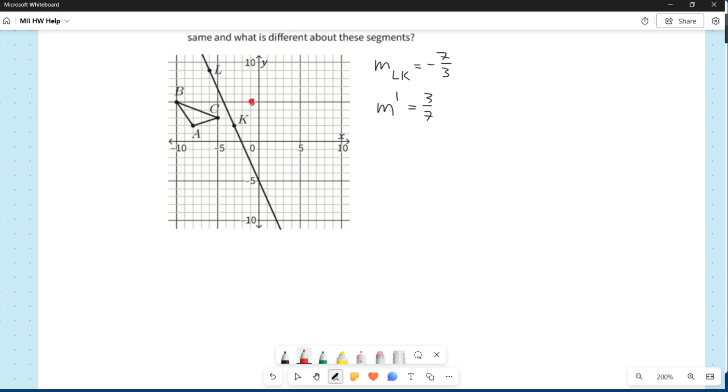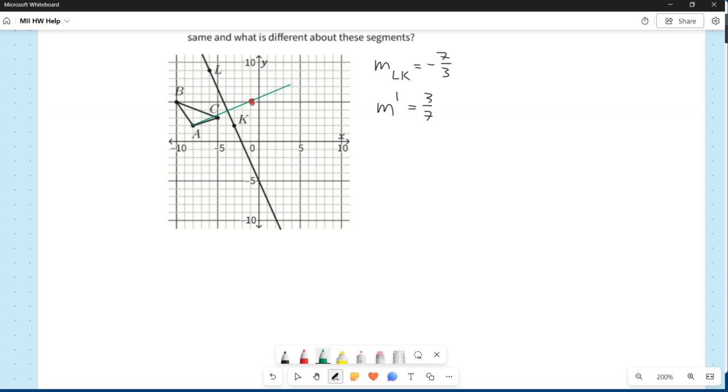To be clear, that is not my point of reflection. That is not A prime. That point just allows me to establish my line of reflection. So from A, I'm going to go to that point that I just drew, and we'll extend it a little bit. We'll just stop there.